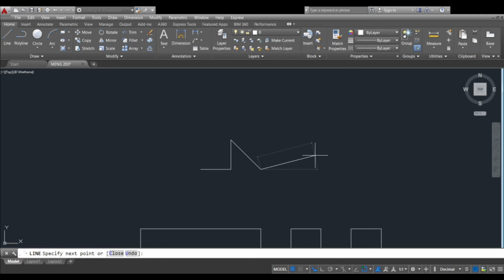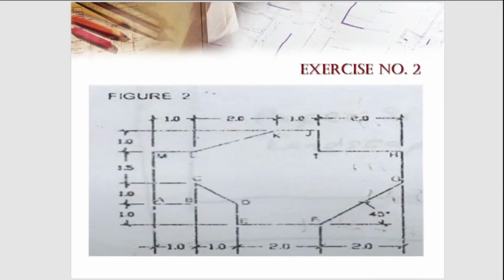Okay, now we're going to the next point. Our next point is point E. So we're just going down. So that is at distance 1, angle negative 90, or we can use positive 270.